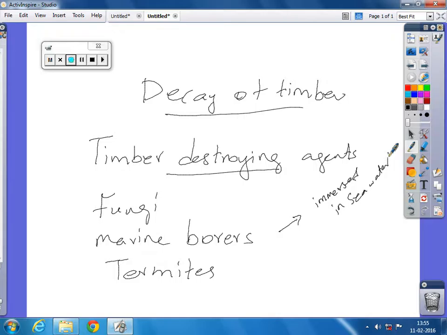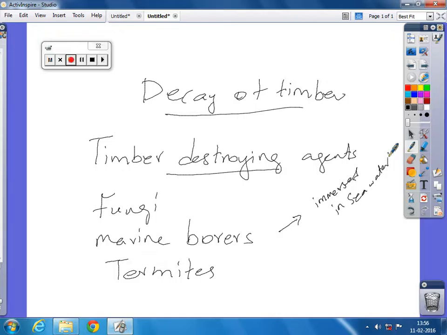The various timber destroying agents are fungi, marine borers, and insects. Among fungi, marine borers and insects, fungi is most destructive. Fungi is most destructive.